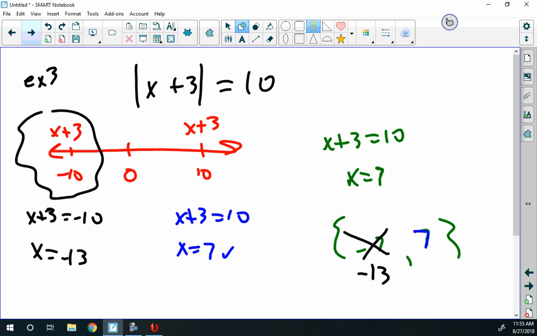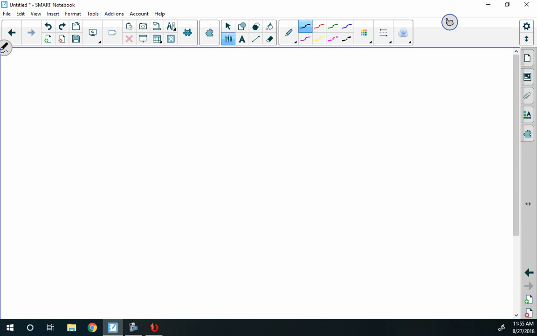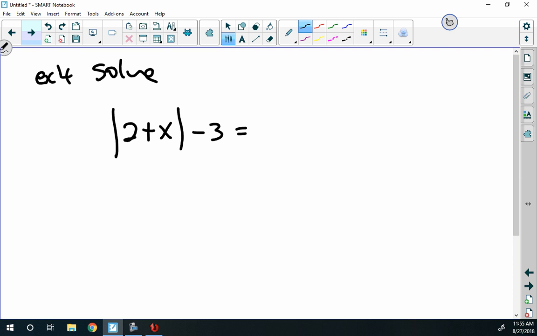Let's try one more. Example 4. Solve the absolute value of 2 plus x minus 3 equals negative 9. So what I'm going to have here is the absolute value of 2 plus x is equal to negative 6.